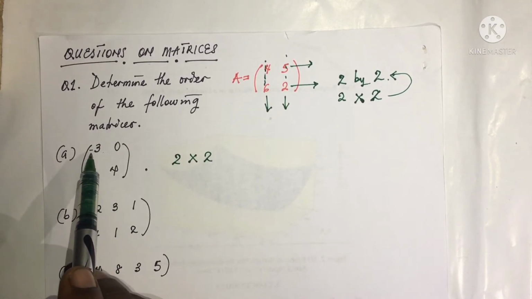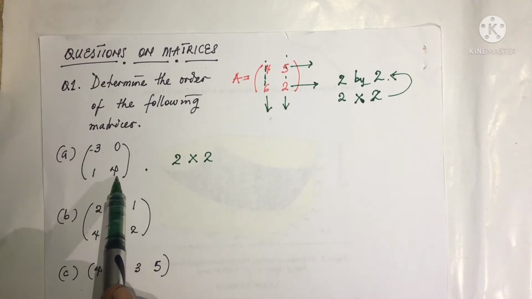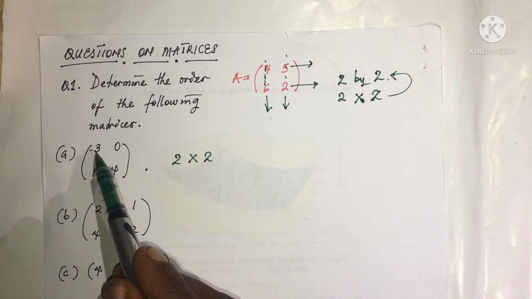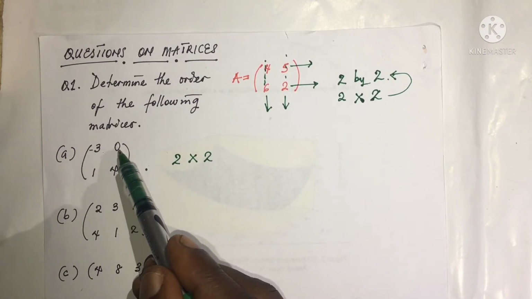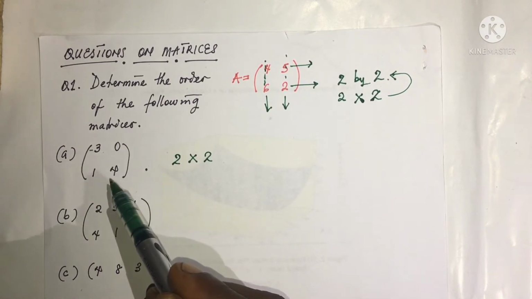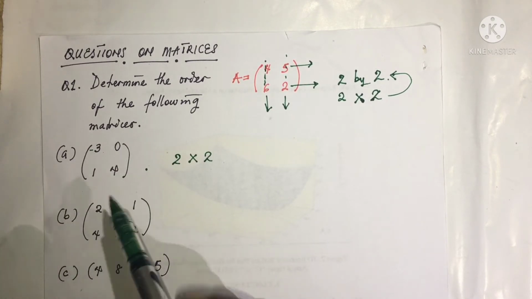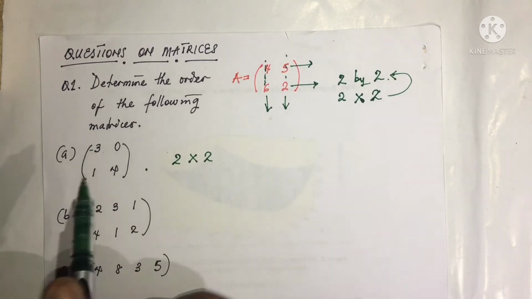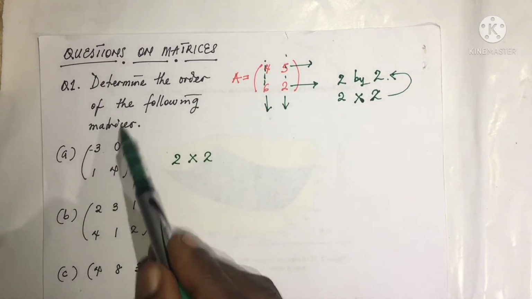In the first row you have 3 and 0. In the second row you have 1 and 4. In the first column you have elements 3 and 1, and in the second column you have elements 0 and 4. So this matrix is of order 2 by 2 since it has 2 rows and 2 columns.